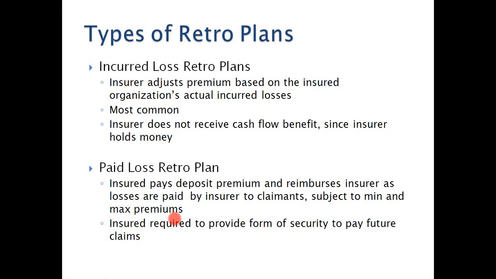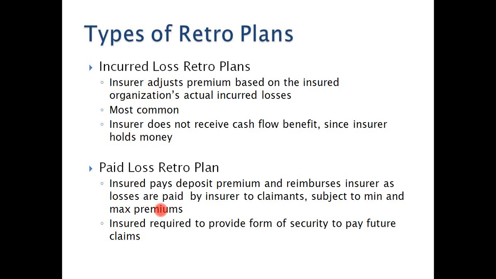So if all of a sudden I have a claim and it's $50,000 more, I'm going to write a check for $50,000 more to the insurance company as the claims are paid. So I'm going to pay this amount as claims are actually paid, whereas here I'm paying pretty much the full amount for that whole year up front.